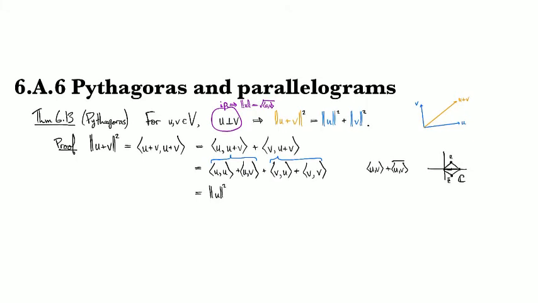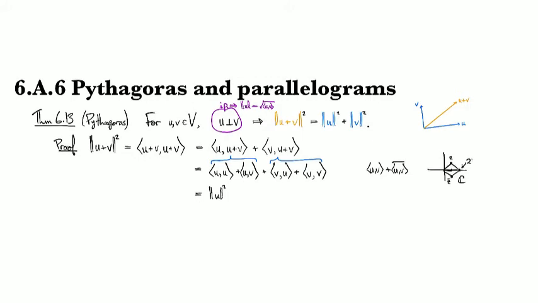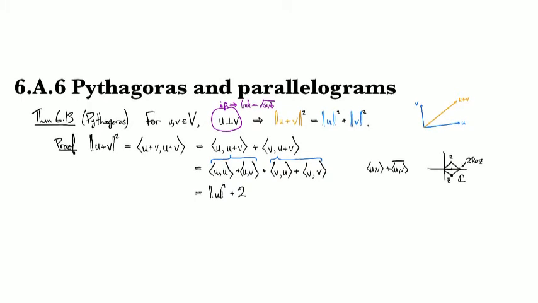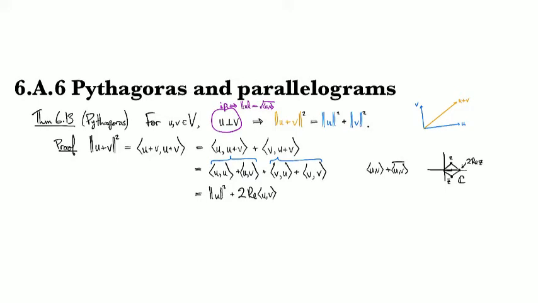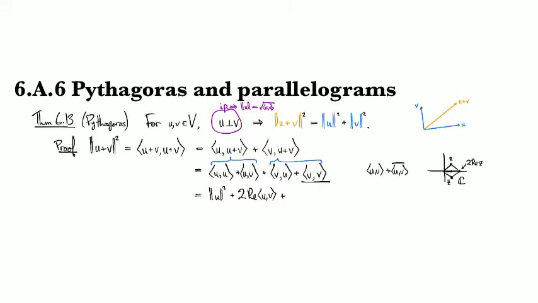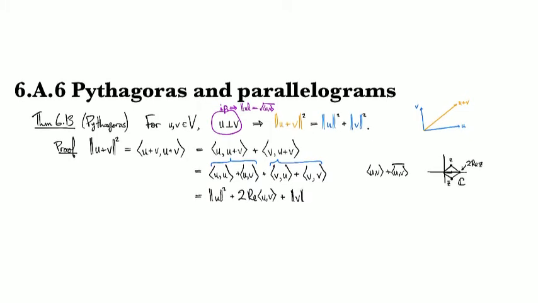So you end up over here at this point right here, which is 2 times the real part of z. And so that's what we get right here. We have 2 times the real part of uv in inner product. And our last guy from this term over here is the magnitude of v squared.